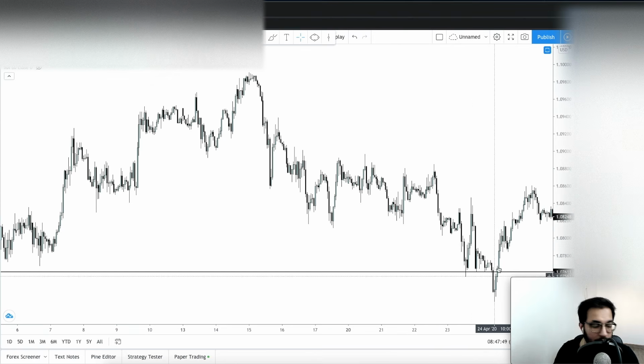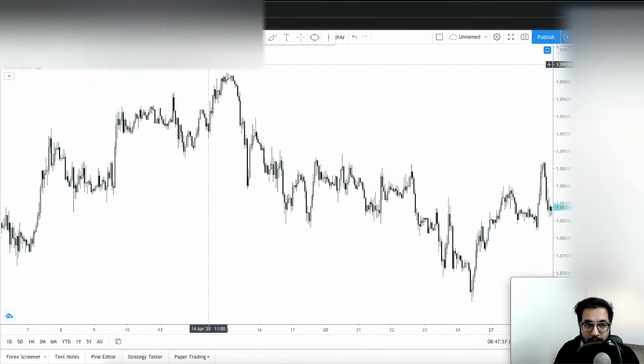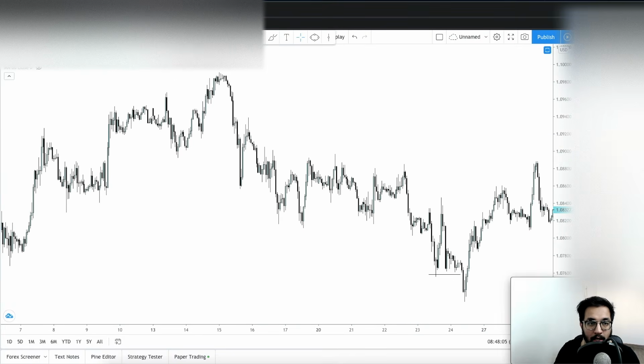So what happens after this? We as institutional traders, or as we like to call ourselves, we know that whenever this happens, whenever we grab equal lows and we reverse like this, we are supposed to take a trade.